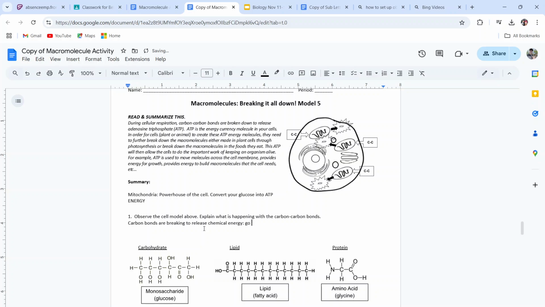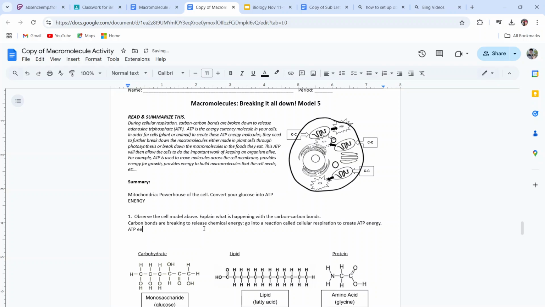This is going to go into a reaction that we're going to talk about later called cellular respiration to create ATP energy. So carbon bonds are breaking to release chemical energy that are going to go into a chemical reaction called cellular respiration that is going to result in ATP energy.